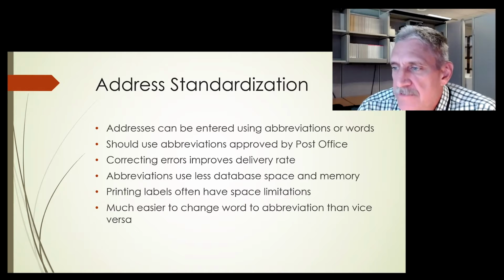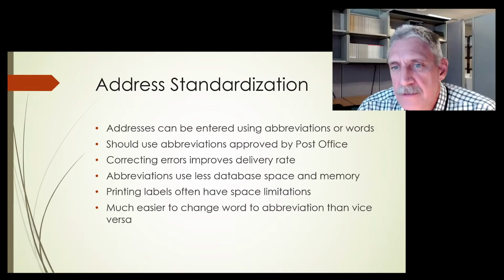Sometimes you want to use abbreviations because it's less database space and memory. That can be important at times, other times it's not so important. Printing labels, though, I find there's often a space limitation, and making long addresses shorter can be quite helpful there.